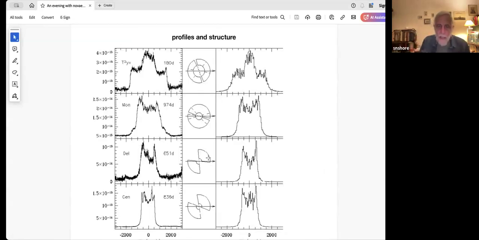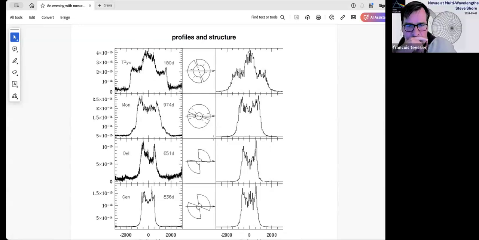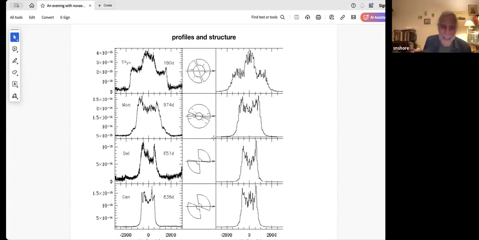Okay, this is what happens in changing the geometry of the ejecta. The left are the actual line profiles. These are hydrogen line profiles from real novae, all in the optically thin stage.